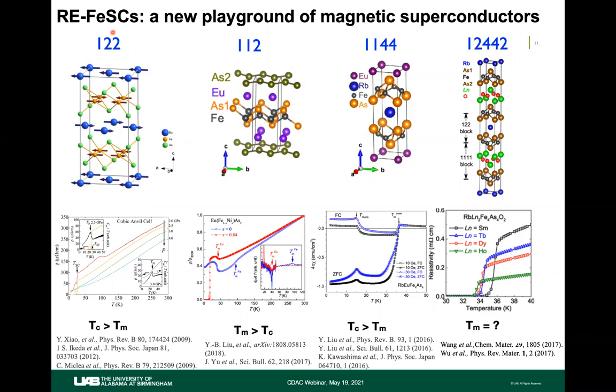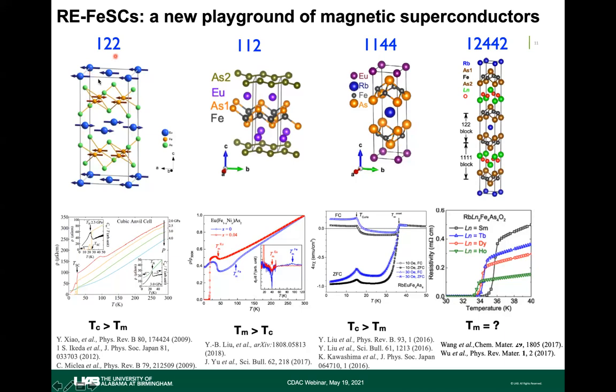In this type of system, the iron contributes to the Cooper pairs in the superconductivity. And when you introduce rare earth ions into this system, it introduces a very strong local magnetic moment.